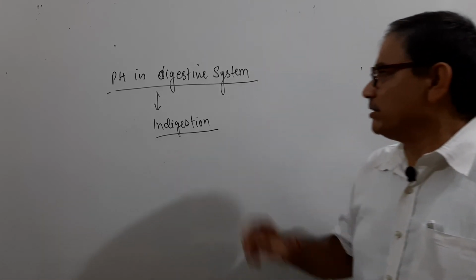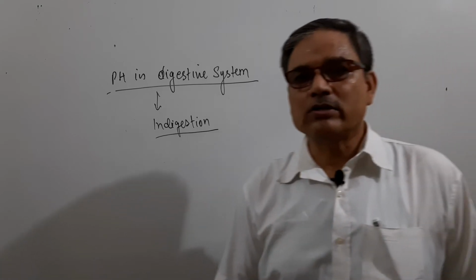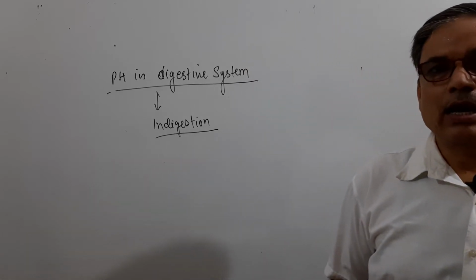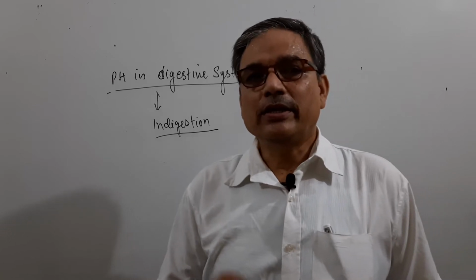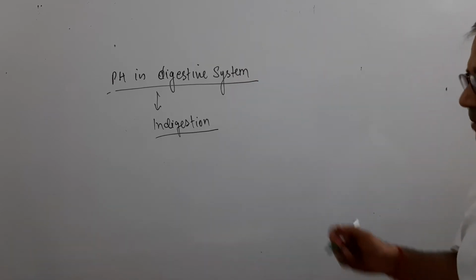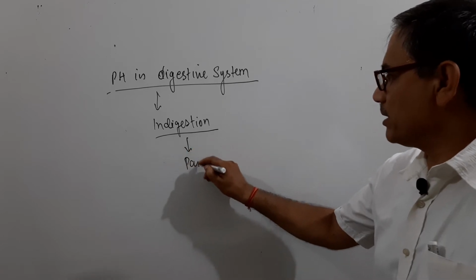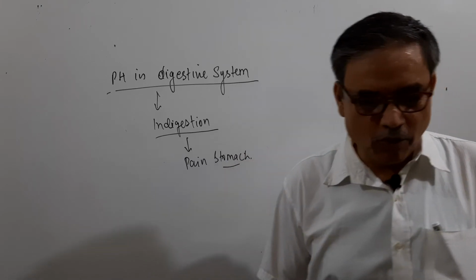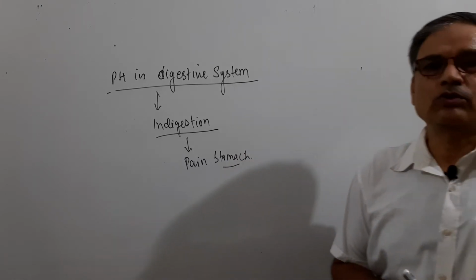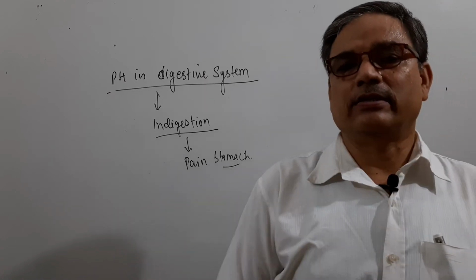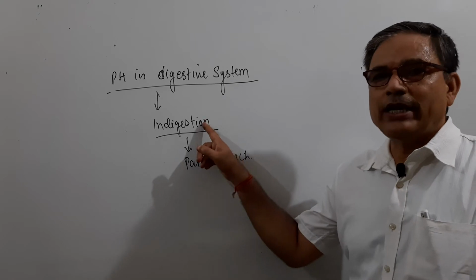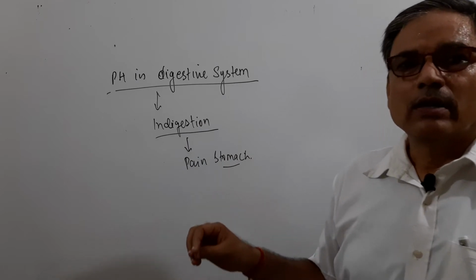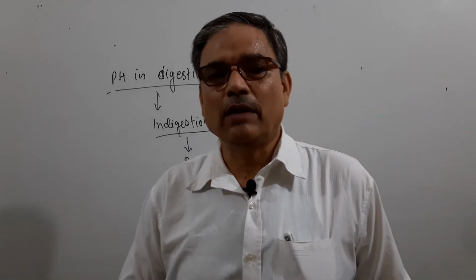And due to the indigestion, more and more acid is formed in our stomach. Due to the formation of more and more acid, it causes irritation and pain in our stomach.